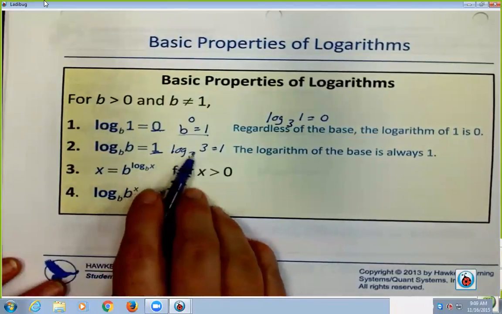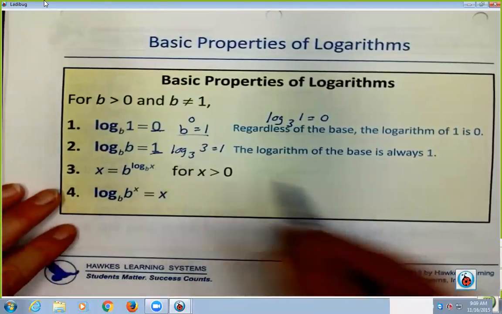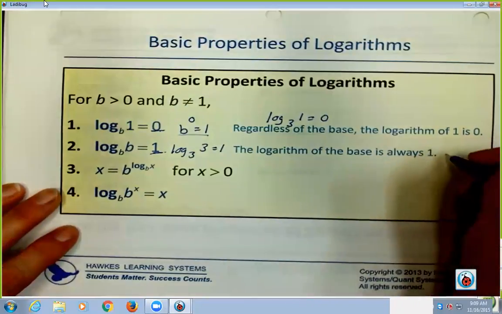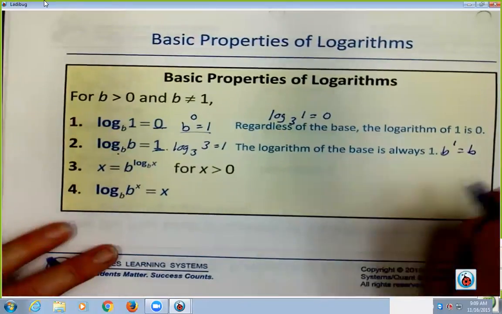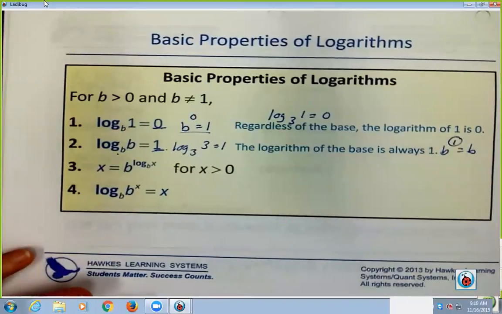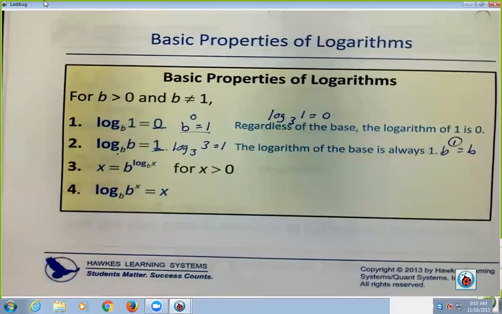So if I see log 3 3, I know I'm going to get 1 out of it, if you can remember that. If you can't, reverse it and turn it back into exponential. B to the first power is going to equal b. So the 1 is what I'm looking for. So it's going to go back to the first power, and I will know that it is equal to 1.